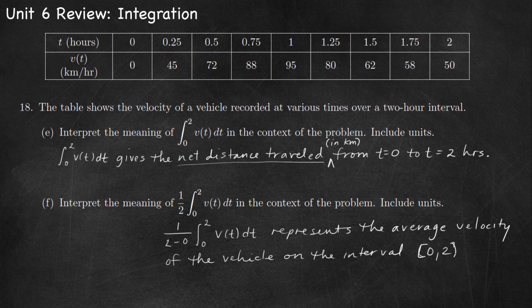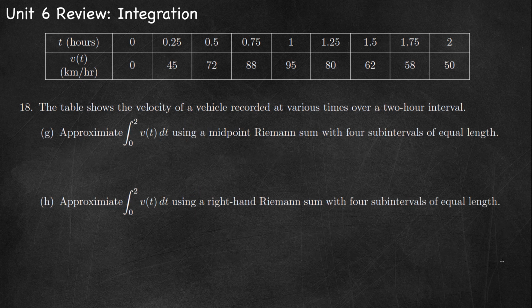I guess we can include those endpoints in our times. And again, I didn't work those units in there. So the average velocity is going to have the same units as velocity, kilometers per hour. So it represents the average velocity in kilometers per hour of the vehicle on the time interval from 0 to 2 hours.